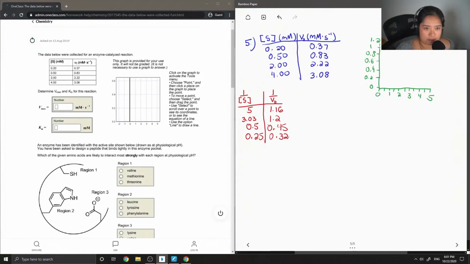So just like a rough graph, I'm gonna try to plot these. And this is not to scale, but basically what you should get in your graph is like this.